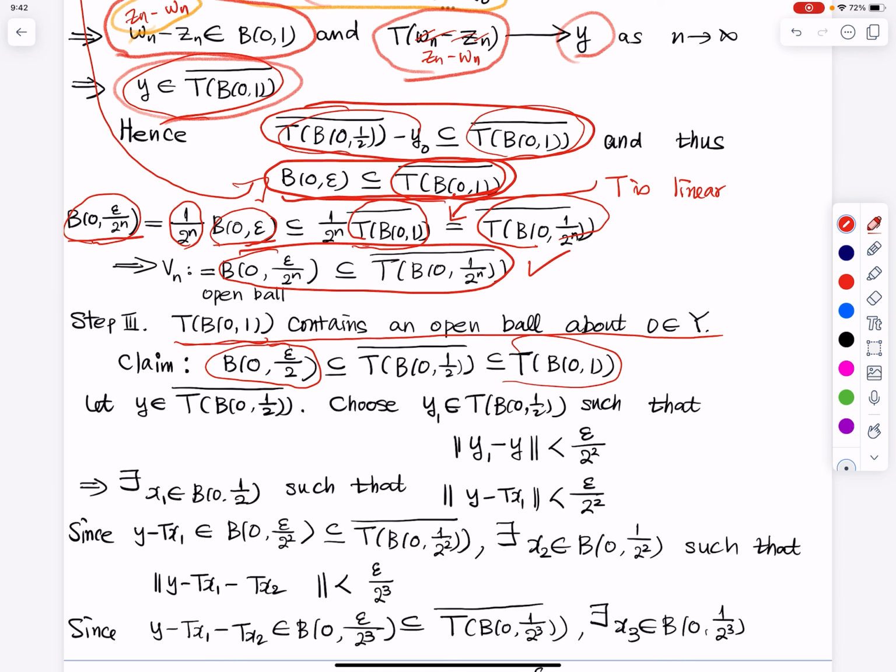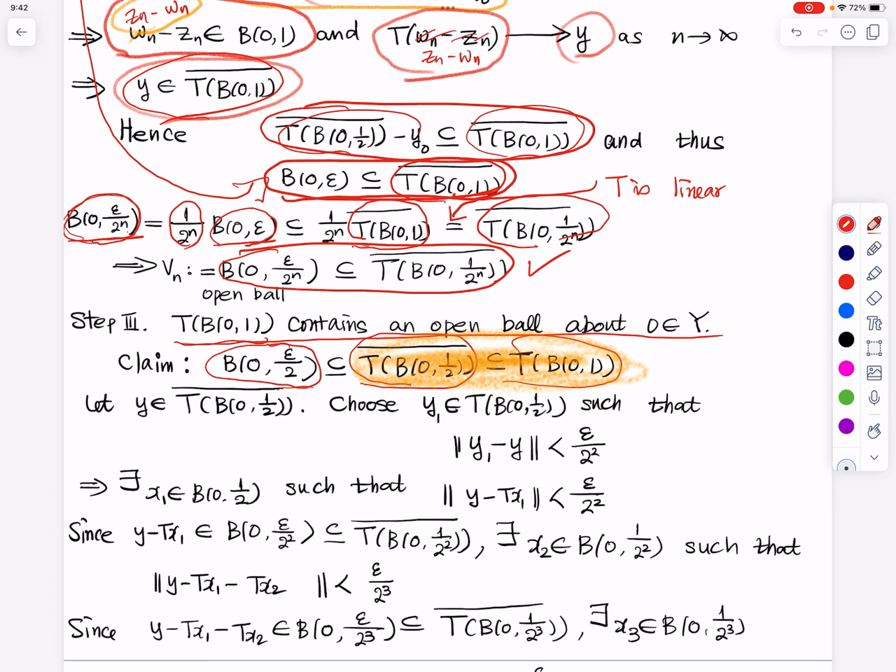What we want to prove is that B(0, 1/2 epsilon) belongs to this set. In the previous step we know that when n equals 1, this one belongs to the closure of T(B(0,1/2)). Then our goal is to prove this one.